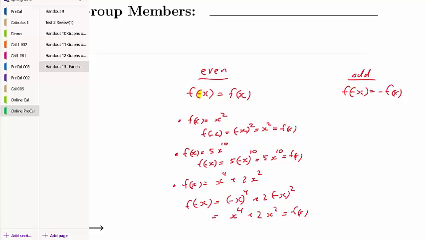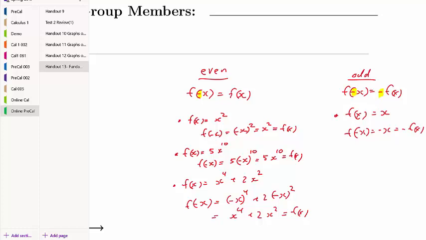Let's take a look at odd. And note for the odd function, you plug in any negative number, then you get that negative output out there. So let's look at a few examples. Let's look at the identity function, f of x equals x. You plug in negative x, and what do you get? You get negative x, and that is the negative of the function.